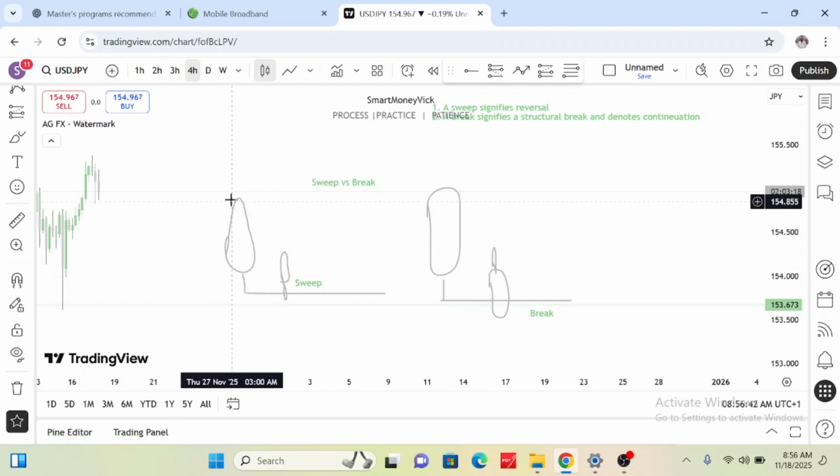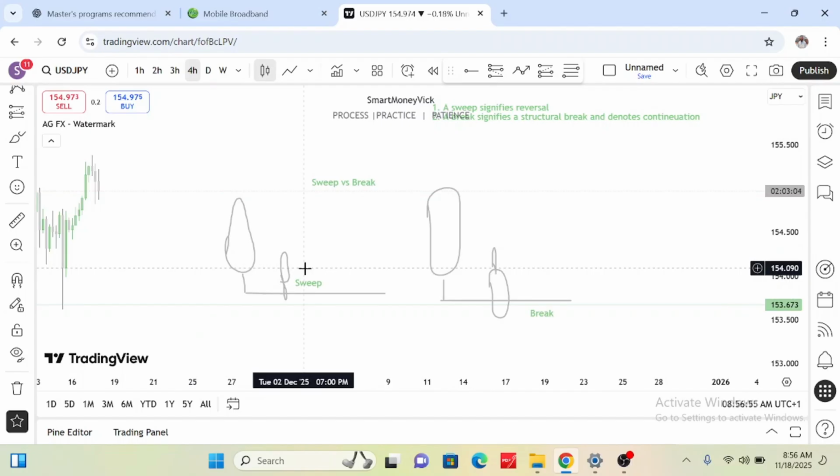As you have here, this is a previous candle. You're having a new candle here now. This candle trades below the low of this one, but rejects instantly with a wick, then closes above with the body. So this is what? A sweep of liquidity.